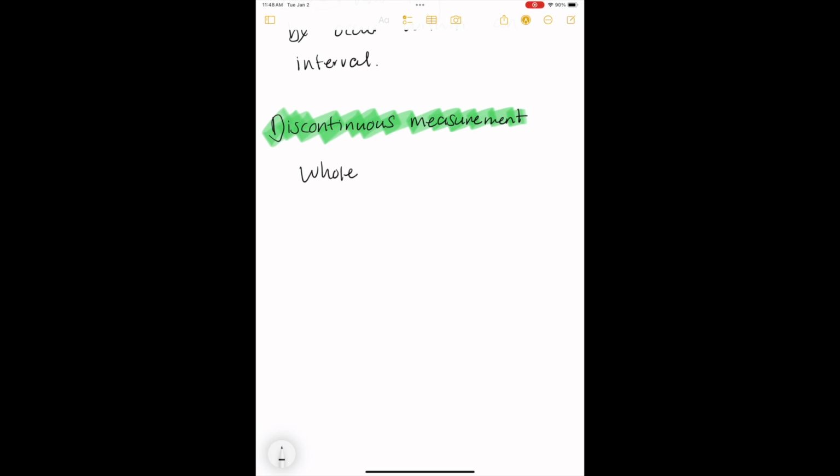So here we have whole interval. Whole interval is exactly what it sounds like. It's when you take data for an entire interval. An interval is a set amount of time.